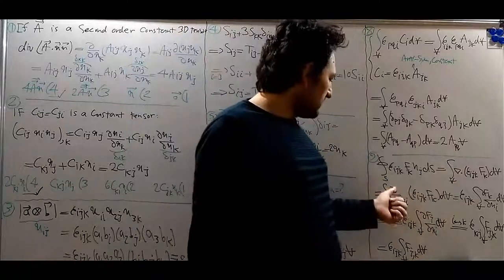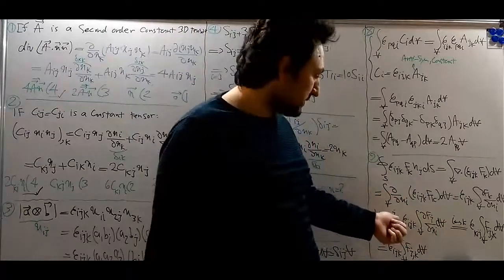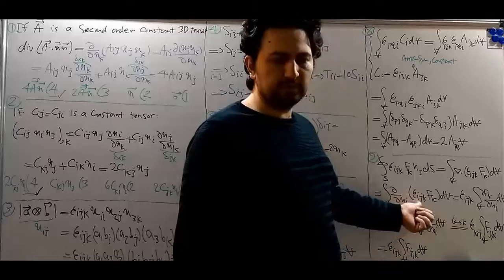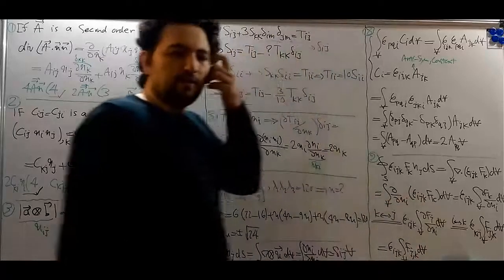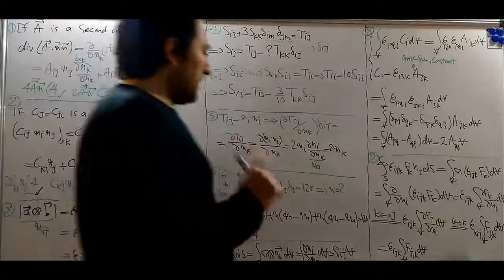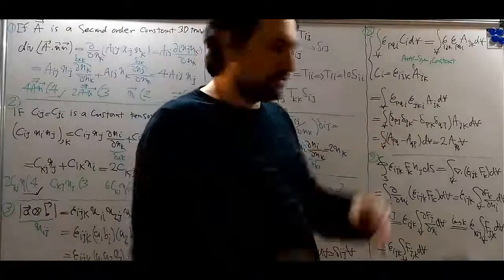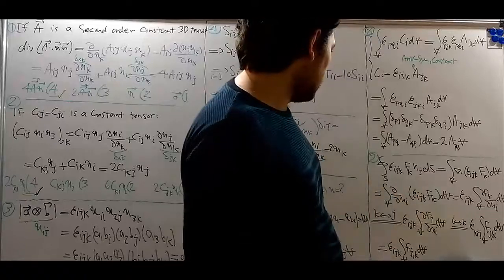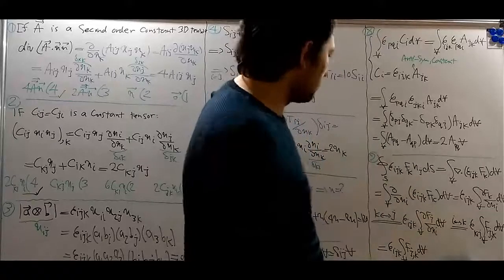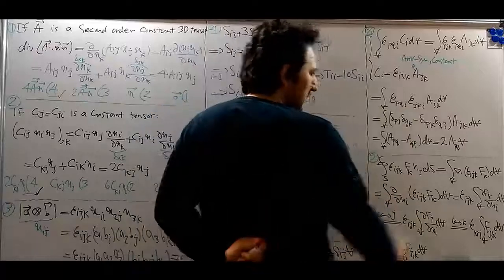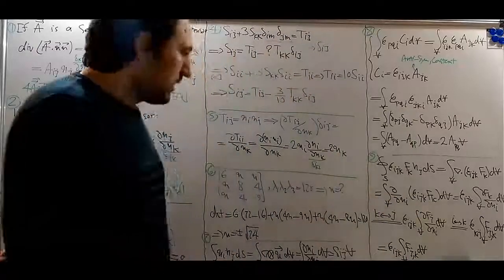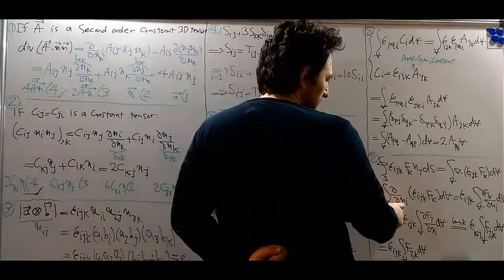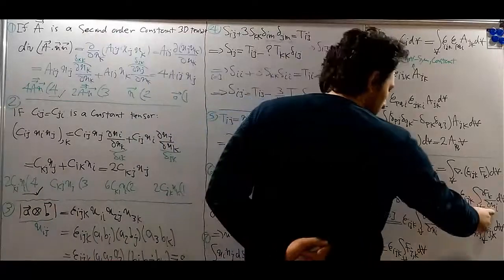Okay, the divergence is the derivative with respect to x sub i, and i should be identical with the first index of epsilon, because this is the divergence, not gradient, and the rest of the indices are exactly similar to the previous one. Epsilon is a constant tensor, so the partial derivative with respect to x sub i appears here.